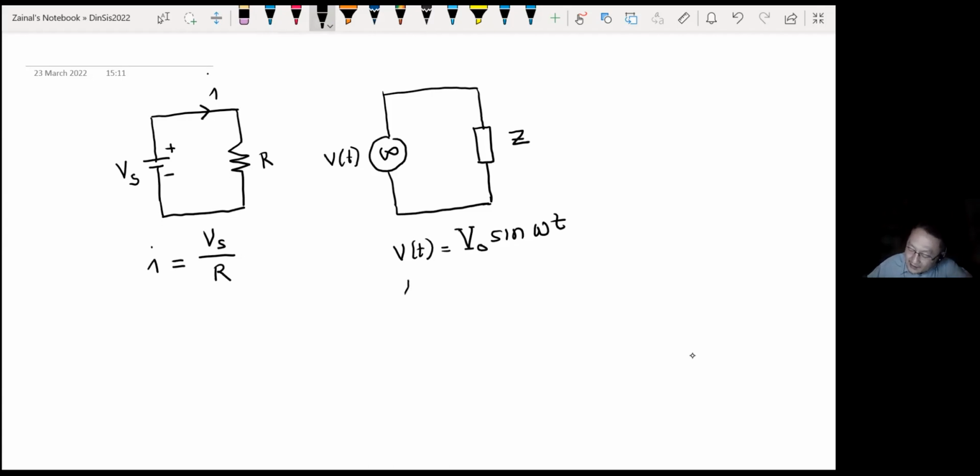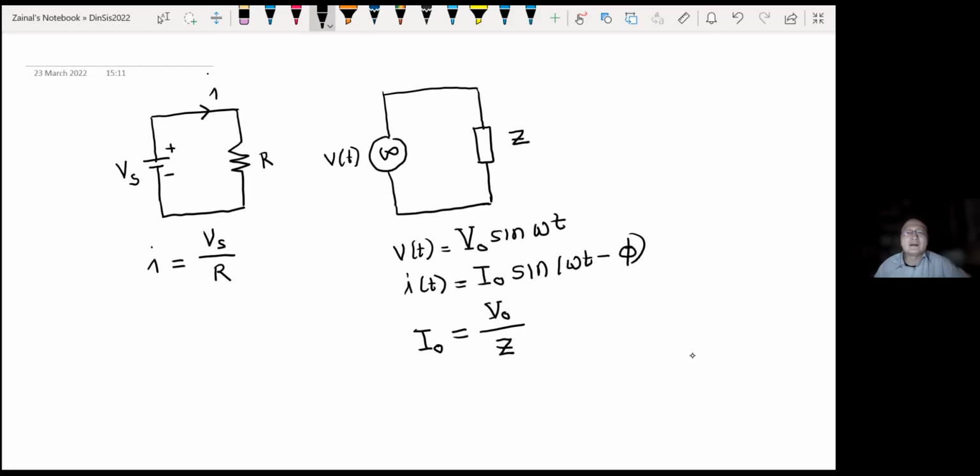Then current IT is equal to I0 sine omega t minus phi, where I0, the amplitude of current, is the amplitude of voltage divided by Z, similar to that one.